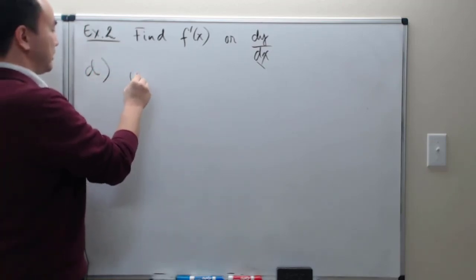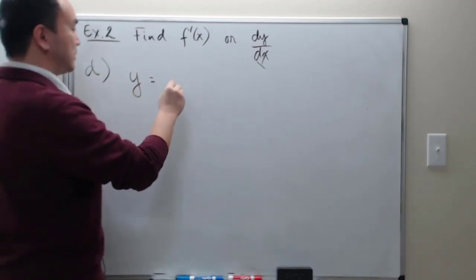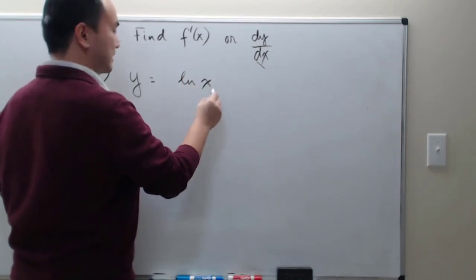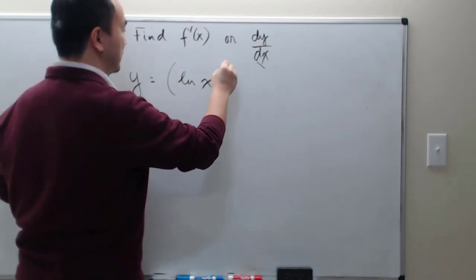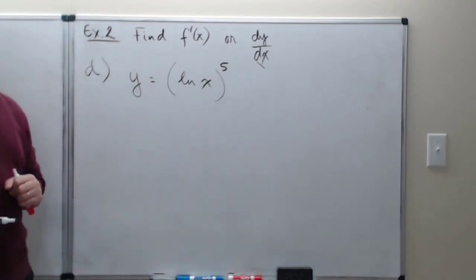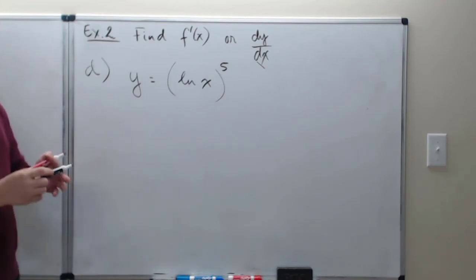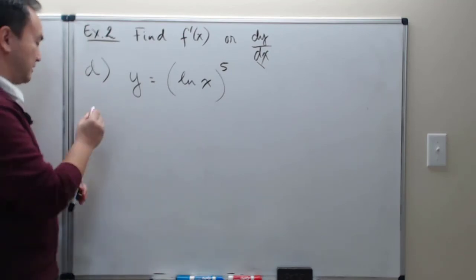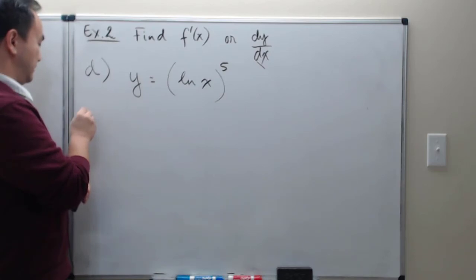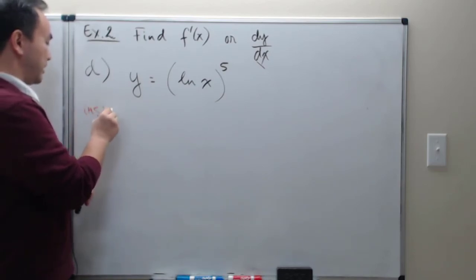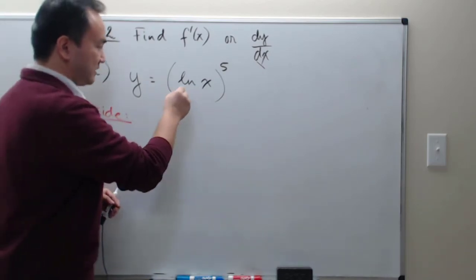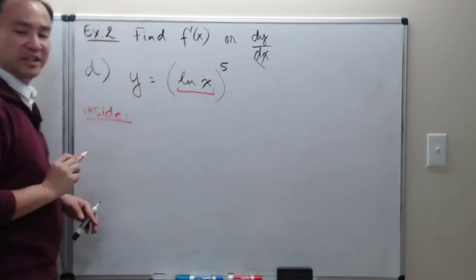We can have a function as y equals, let's say, natural log of x, but now I'm raising that to the 5th power or something like that. Okay, and so what I see now is that I can recommend taking natural log of x right here as the inside this time.